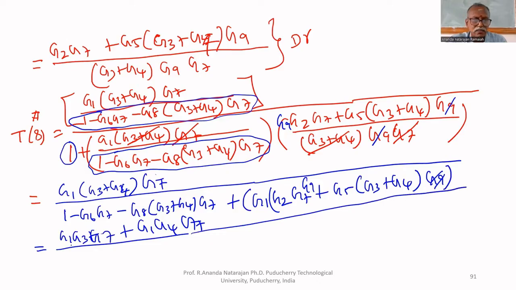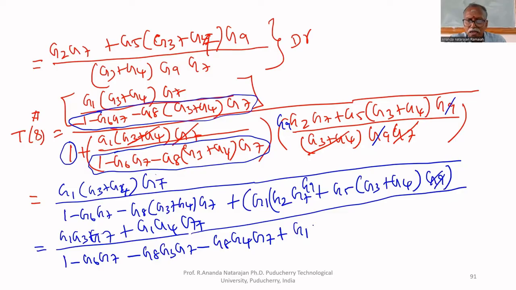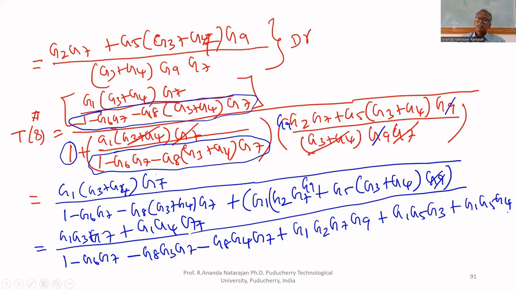Denominator we have to find, that is 1 minus G6, G7 minus G8, G3, G7 minus G8, G4, G7 plus G1, G2, G7, G9 plus G1, G5, G3 plus G1, G5, G4. So G9 has to be substituted.